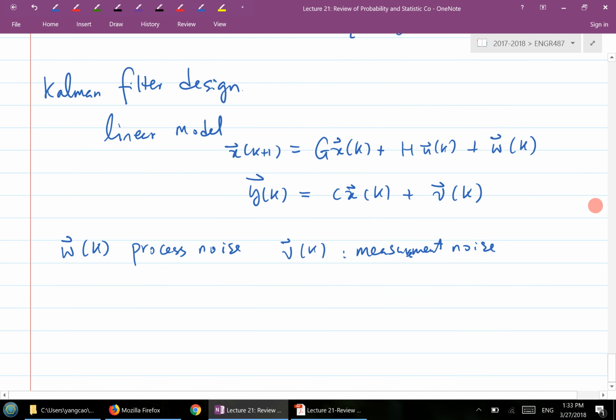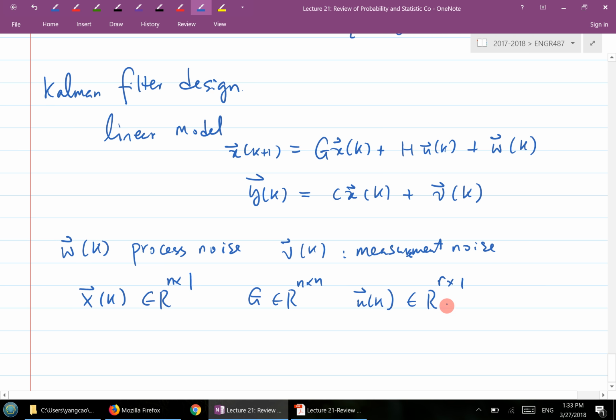Now a few notes here. x of k is the state, which is an n by 1 vector, and the G matrix is n by n. We're talking about multi-input here. Suppose we have r inputs to the system, where u is the control input.